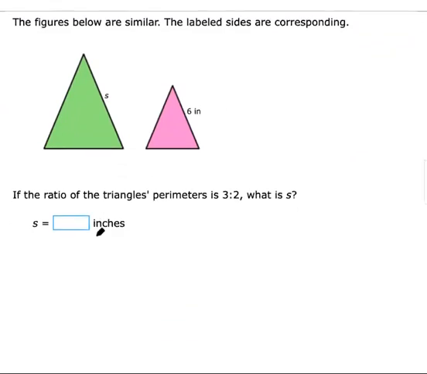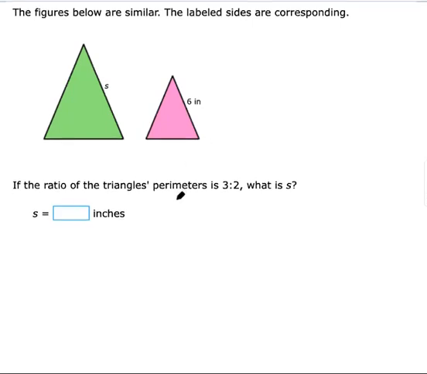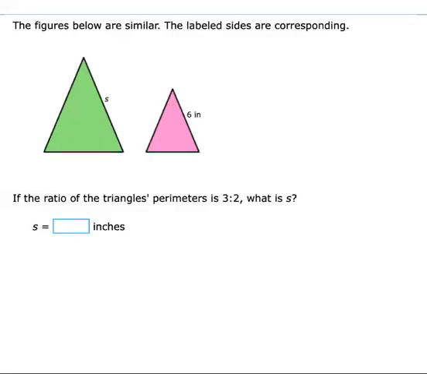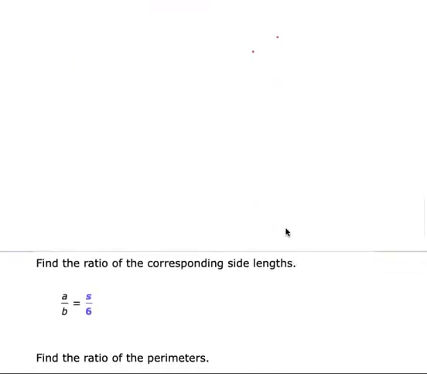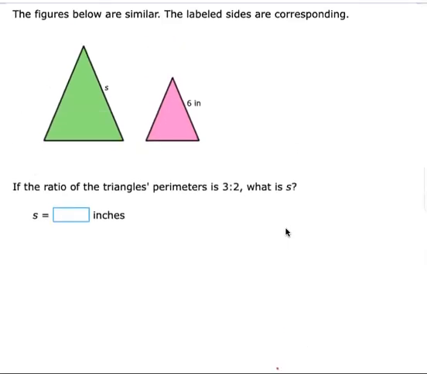All right. The figures below are similar. The labeled sides are corresponding. If the ratio of the triangles' perimeters is 3 to 2, what is S? Okay. All right, so let's solve for S on this one. AB is going to be equal to S over 6.